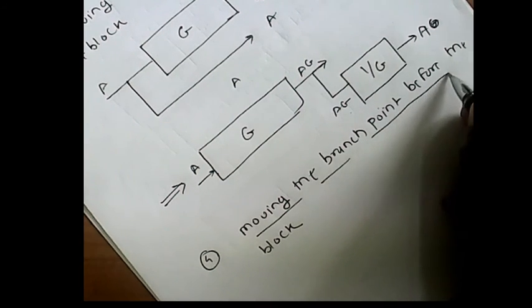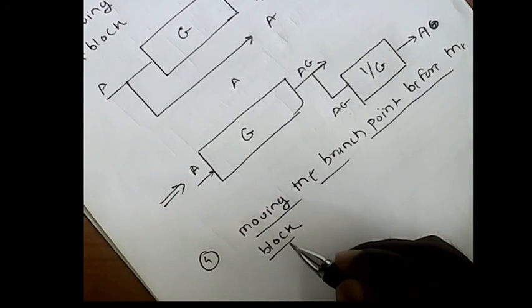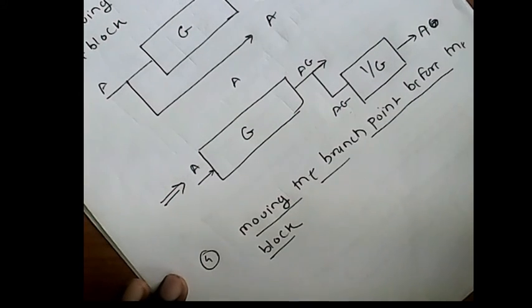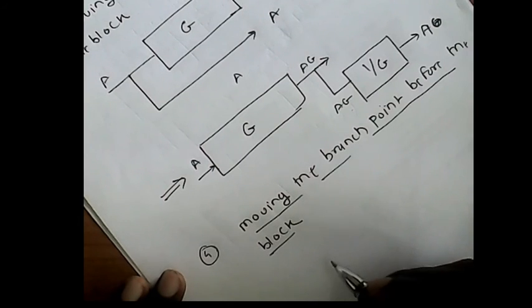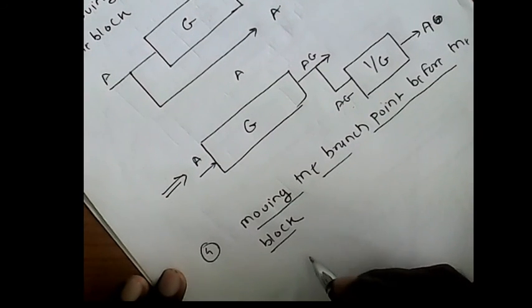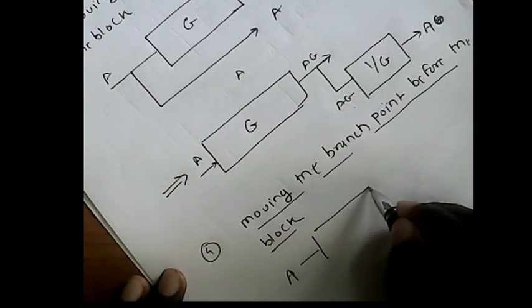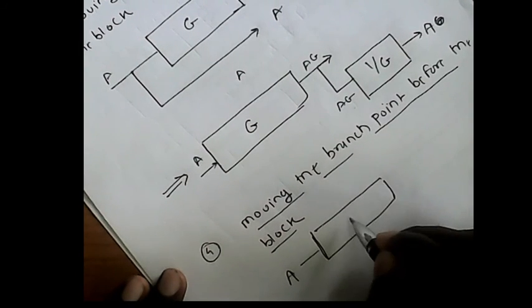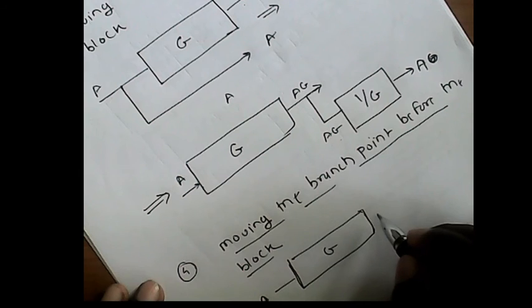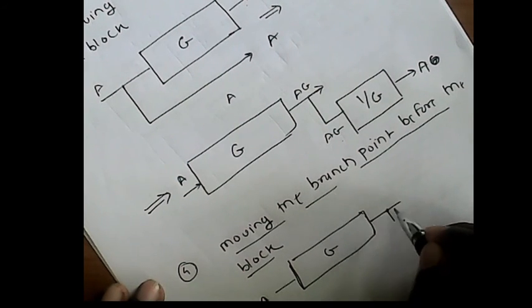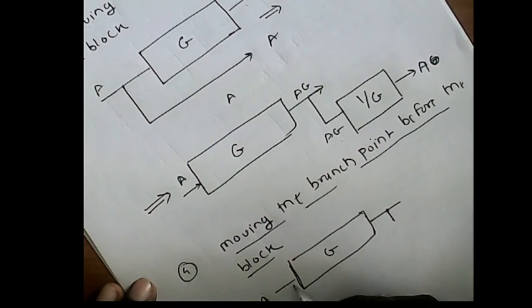If you want to move the branch point before the block, suppose A is the input, G is a gain, and this is the point which is to be moved to here.